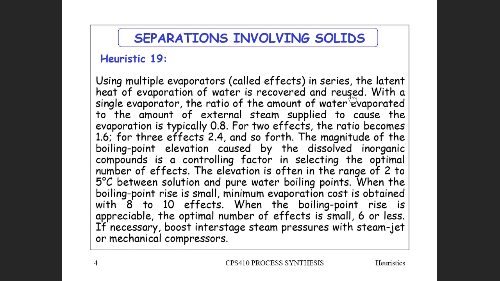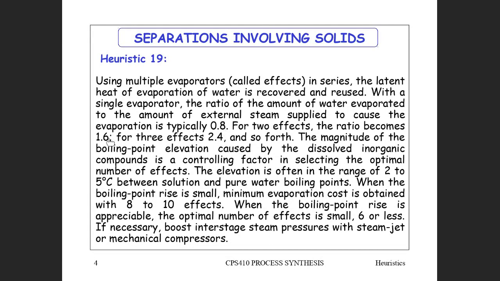With a single evaporator, you can expect to evaporate about 0.8 compared to the amount of steam you're using. So if there's 1 kilogram of steam, you'll have 0.8 kilograms of liquid evaporated. For 2 effects, the ratio becomes 1.6.